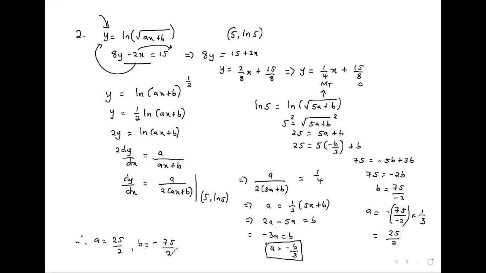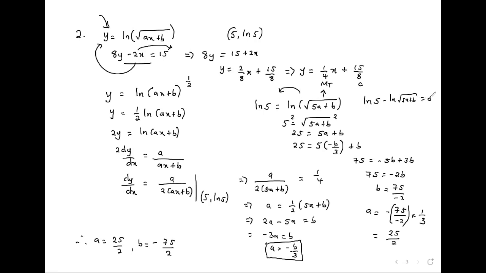Let's see now, who got this one? So now ln 5 is equal to ln square root of 5a plus b. I had to subtract ln 5 minus ln root 5a plus b, which is equal to 0.